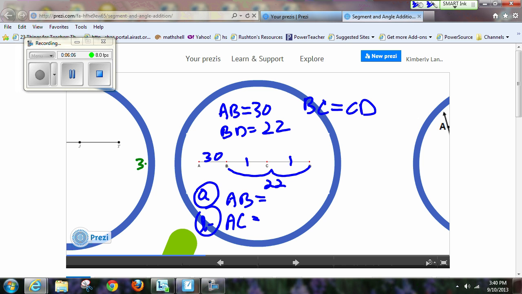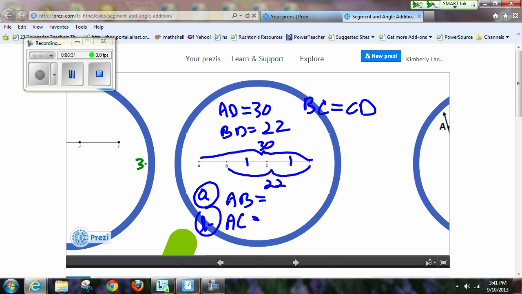And I made a mistake here, it should be AD. So I'm going to go back up to here and say AD is 30, my mistake. And then I better take this off of my picture here and put that A to D. Again, all the way from here is going to be 30.